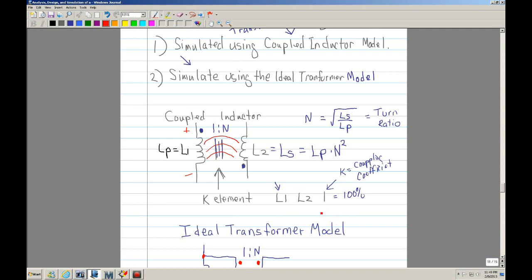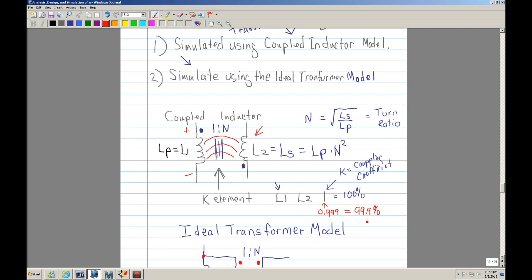Now, in the real world, you don't have this. In the real world, you typically will have K in the 90s. In the example that I'll be using in other simulations after this video, I will be using a K of 0.999. That means that 99.9% of the flux lines are coupled to the secondary.